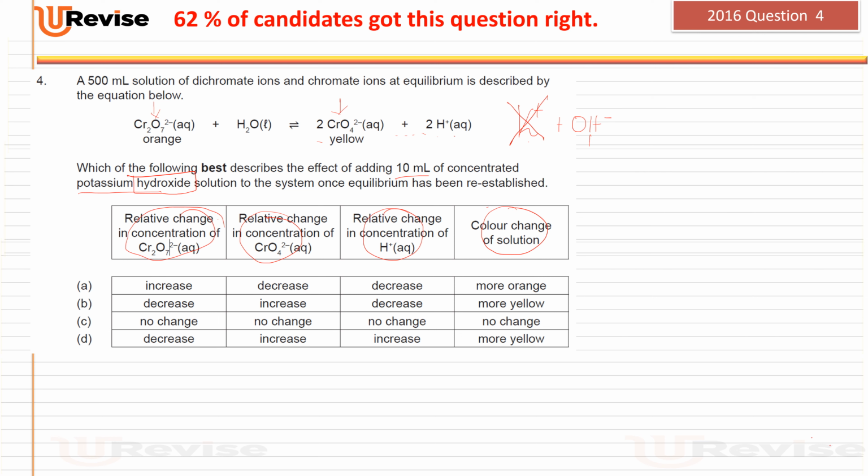But if you put OH ions where there are H plus ions, they are going to react, H plus and OH minus, producing water, which means we are going to see a drop in the concentration of H plus ions. Let's try and represent that graphically, see what happens, right?